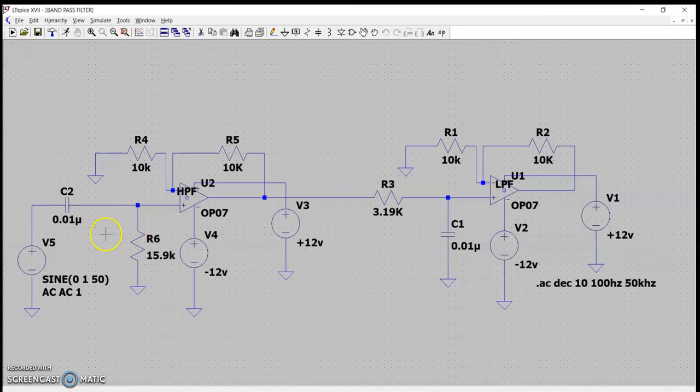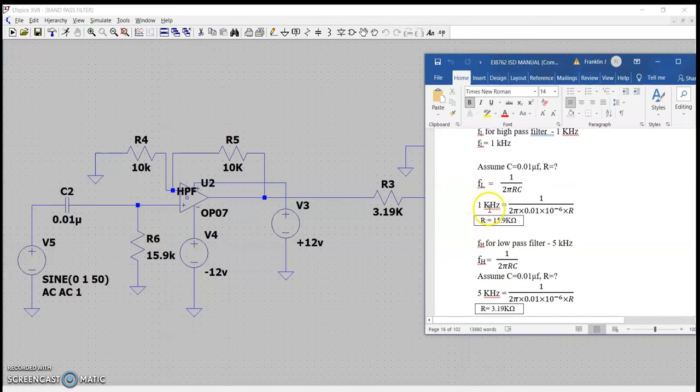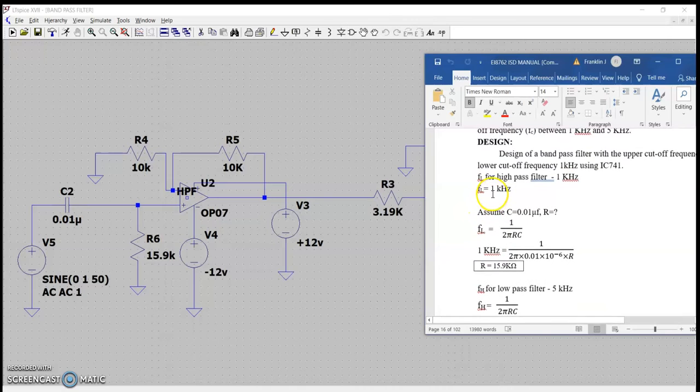Here R6 and C2 are used to find out the lower cutoff frequency for the HPF. You all know the formula for cutoff frequency is equal to 1 divided by 2 pi R into C. Here we have assumed the lower cutoff frequency as 1 kilohertz. It is also your wish: if you want your lower cutoff frequency to be at 2 kilohertz, then you need to substitute 2 kilohertz here. Now I have taken 1 kilohertz.